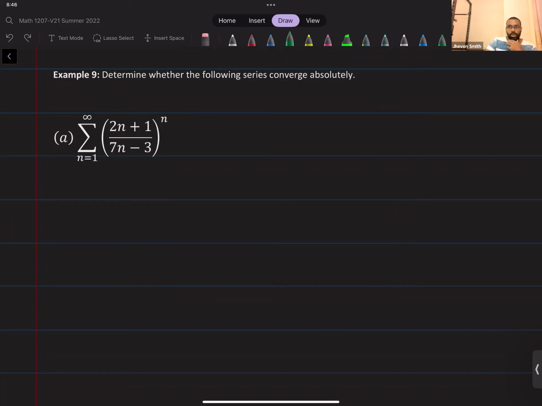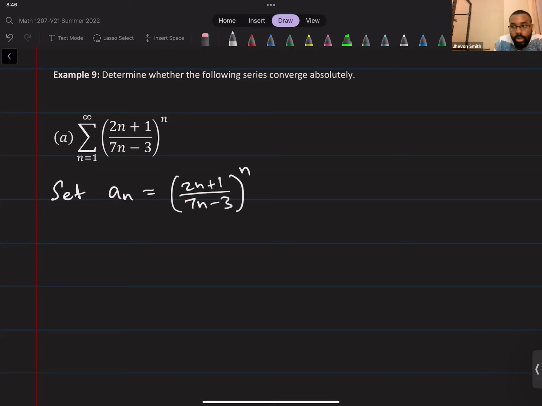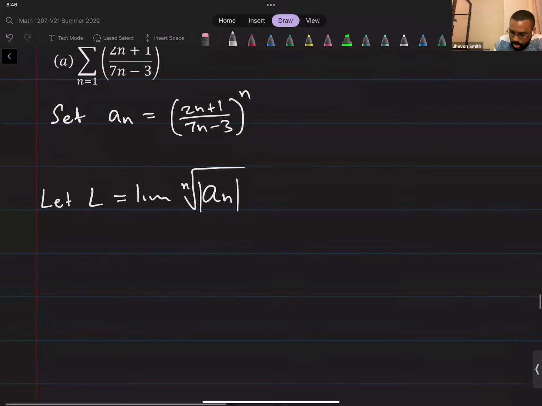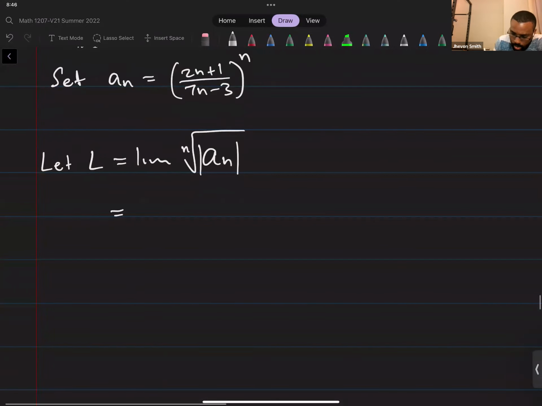And so I can apply that. So if I set my a_n equals (2n plus 1 over 7n minus 3) to the n, I can apply the root test. Take the nth root of a_n in absolute values, because I don't really want to worry about, oh, this might be negative somewhere.